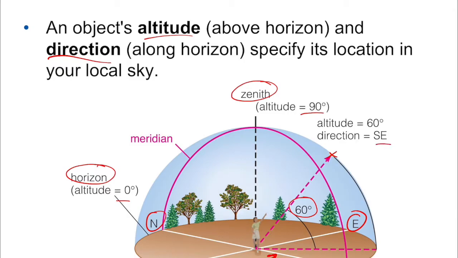And up here you can see the direction is southeast, because this particular star is exactly halfway. So if it's truly southeast, then this angle here would be 45, because it's halfway between 90.